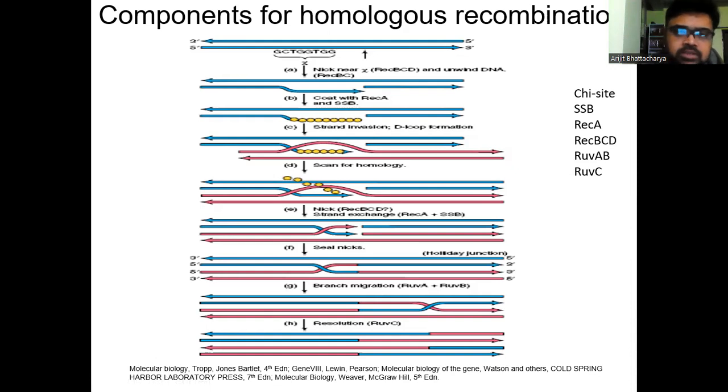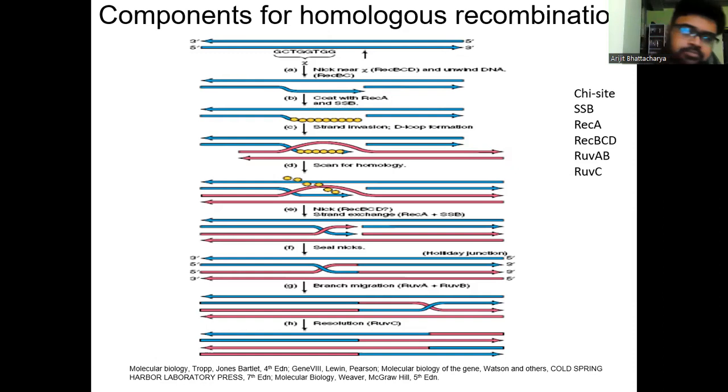After this interaction, the strand invades the target double helix, where it would recombine, and then it would scan for homology. This scanning for homology is mediated by the RecA protein, and it also mediates the strand exchange.